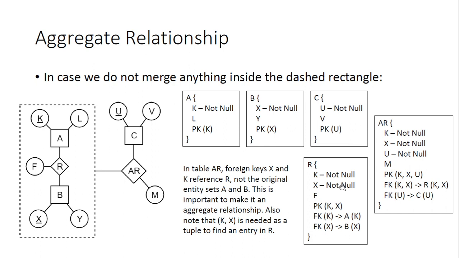So for aggregate relationships, the important thing is that the aggregate relationship refers to the relationship inside the dashed rectangle. So we are not referring to A and B directly. We are actually just referring to R, the relationship, using the foreign keys together.